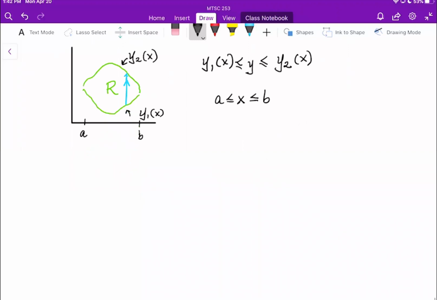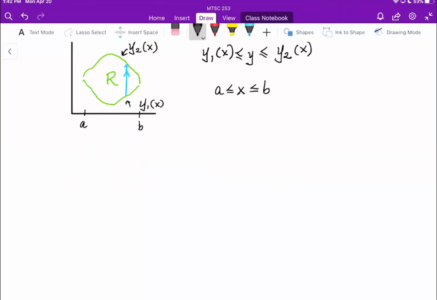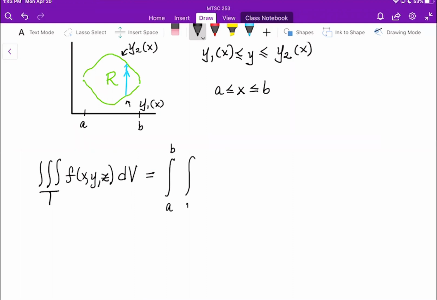Then I would end up with the double integral over T of f of x, y, z dV. Well, x is going to go from a to b. Y is going to go from y1 of x to y2 of x.